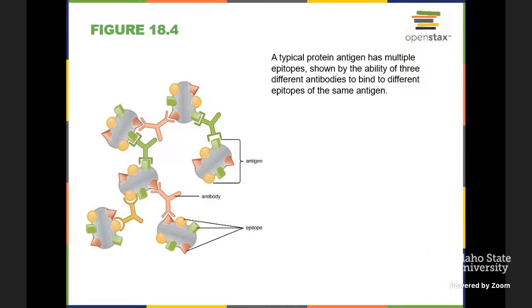So there are lots of things that these antibodies can do, but one main idea is to interact with these epitopes. I'm going to show you different antibodies here in a second, all right? This is a generalized image, all right?